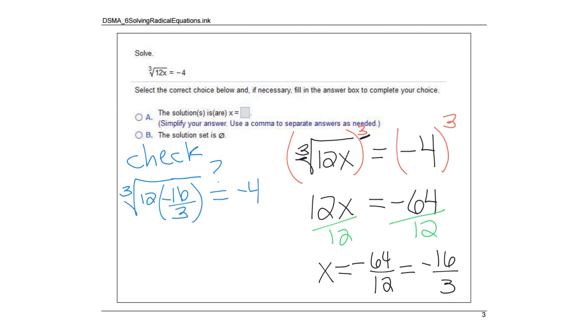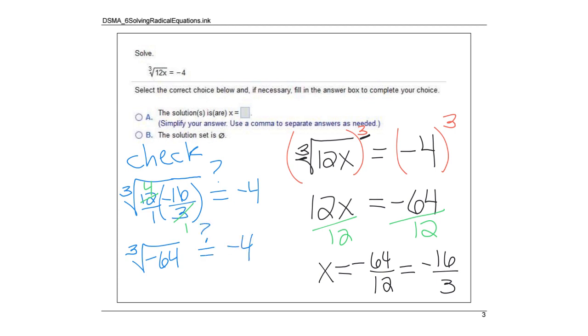Okay, so if you put this in your calculator, of course you would get the negative 4, but the other thing we could do is we see that 3 goes into 12 4 times, and then we end up with the cube root of 4 times negative 16, which is negative 64, is equal to negative 4.